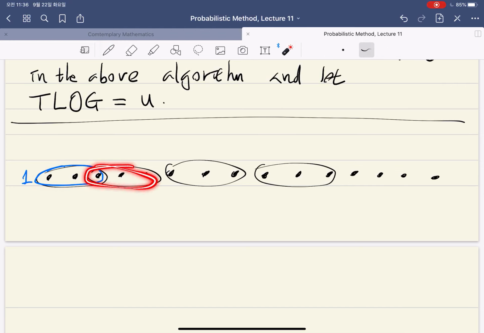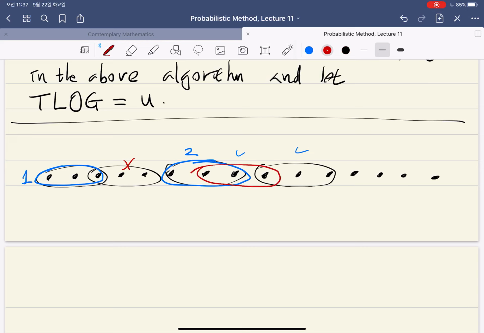But these are still bad events, so you choose this, and then you reshuffle them. And now because of reshuffling, a new bad event occurred. This was previously not bad, but now it is bad. So now you choose this and then you reshuffle them.